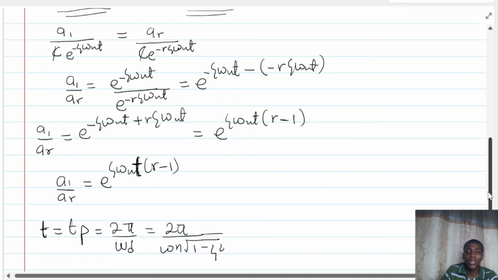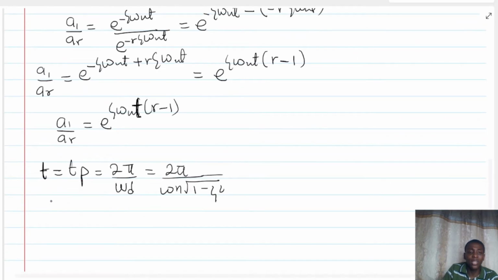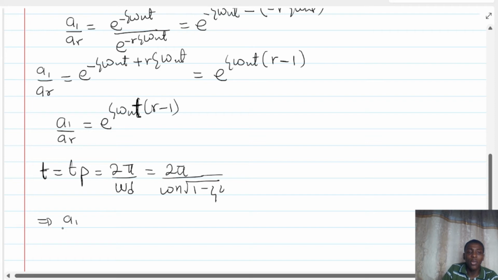And if that is the case, then I can substitute this so that I have a1 divided by ar as e to the power of zeta omega n multiplied by omega n, multiplied by 2 pi divided by omega n square root of 1 minus zeta squared, and then multiply by r minus 1.